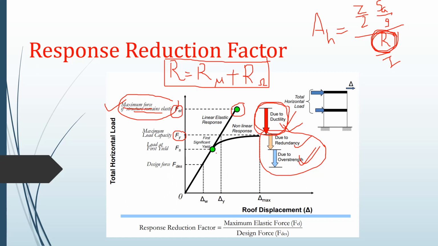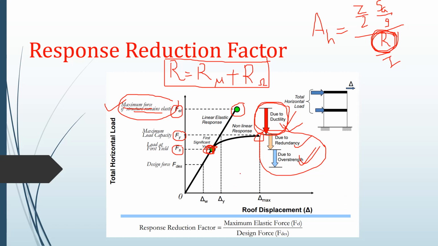As you can see here, we have our first significant yield at this point, Fs, and our maximum load capacity is Fy. So if our structure yields at this point, the first yielding occurs at this point, this does not mean that our whole structure has yielded. Rather, after the first yielding, load redistribution may occur in our structure.